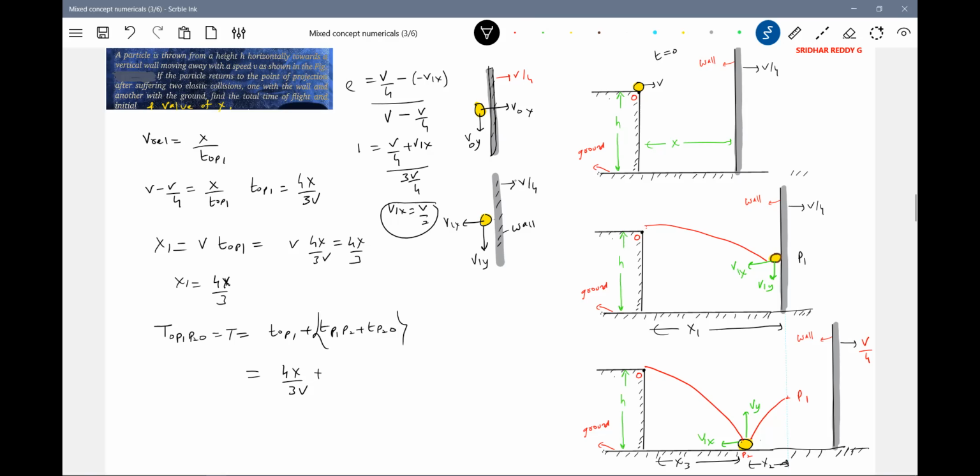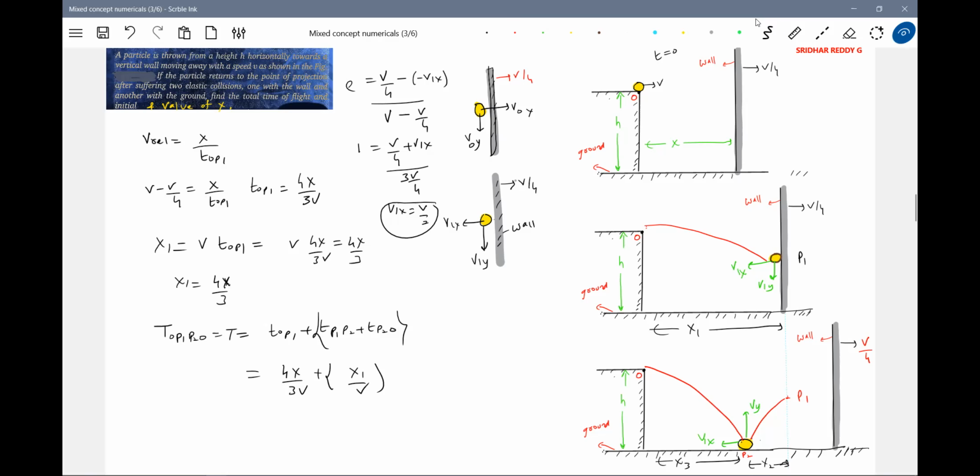This I'll put in a bracket, and this should be equal to x1 by v, or only x1 by v. Time taken from here to here.